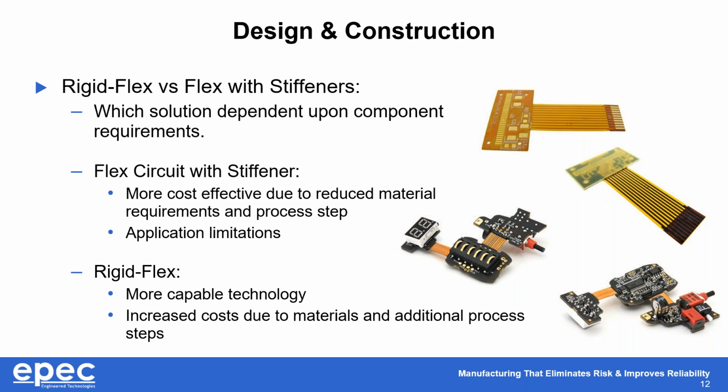It's a much more cost-effective solution as compared to a rigid flex due primarily to the reduced material requirements and process steps, but there are application limitations. So understanding the requirements is a key part of moving forward in this area. Rigid flex, definitely a much more capable technology, but with that, it does bring increased costs in materials and process steps.